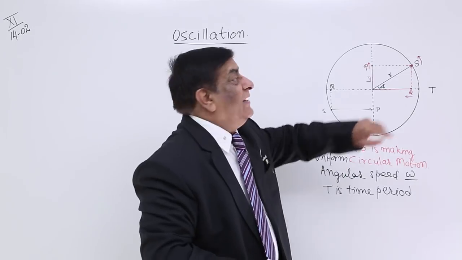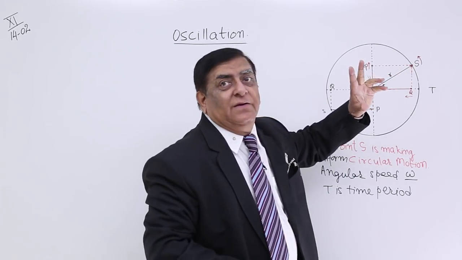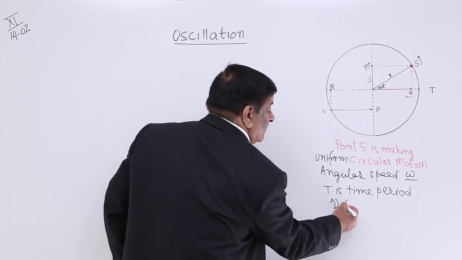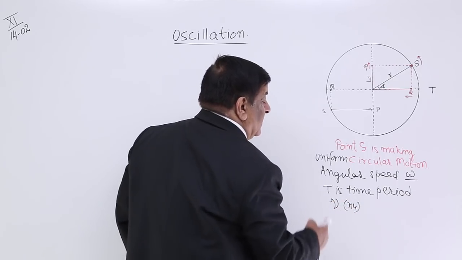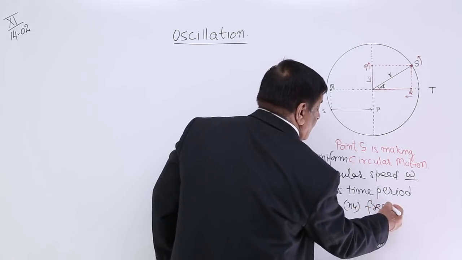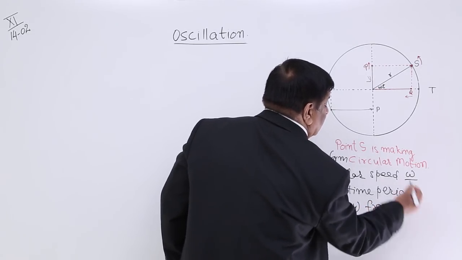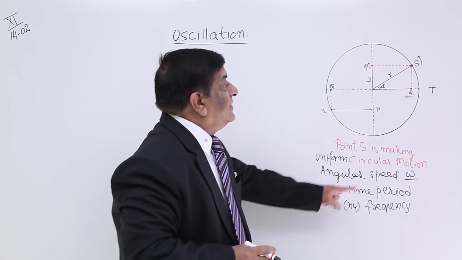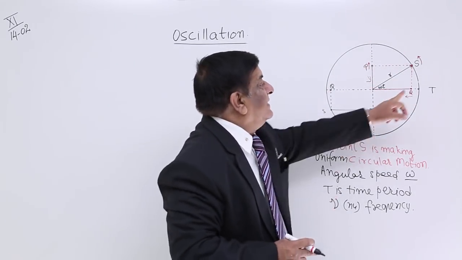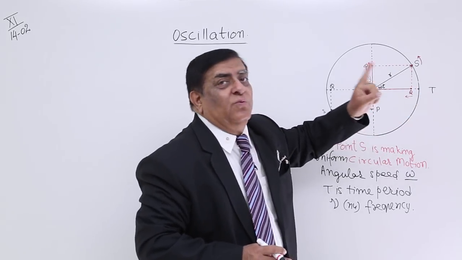In 1 second, how many rounds does it make? So the answer is the number of rounds is nu. So what do we call nu? Nu is frequency. What is frequency? Frequency is the number of cycles made in 1 second, and this is the time period of 1 cycle.